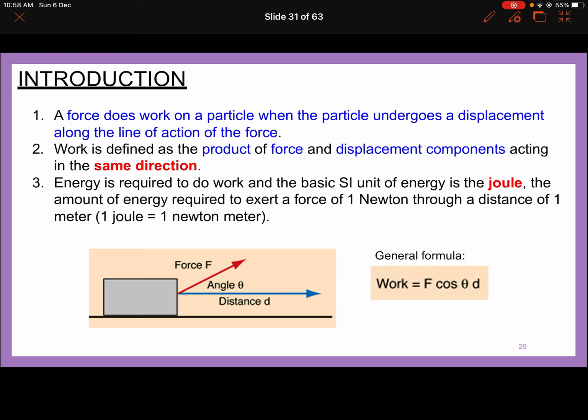So work is equal to F cos theta times s, from this picture. Energy is required to do work, and the basic SI unit of energy is joule, the amount of energy required to exert a force of 1 Newton through a distance of 1 meter. So 1 joule equal to 1 Newton meter.